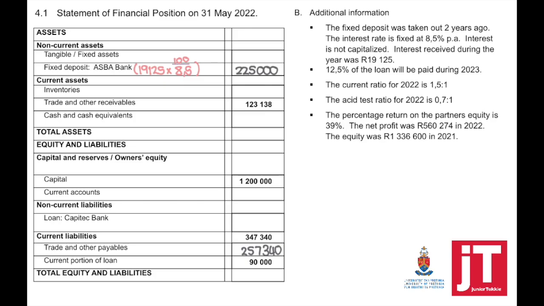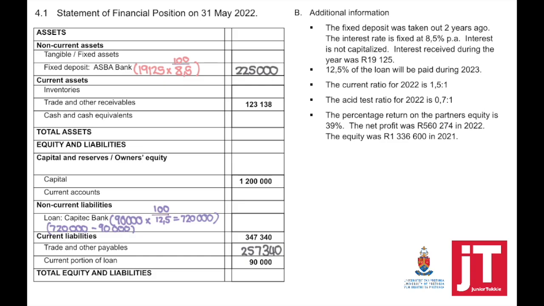So now they provided the current portion of loan 90,000, and they said 12.5% of the loan will be paid during 2023. So I can use that now to find out what is the loan amount. We're going to take 90,000, which is the current portion of loan, times 100 divided by 12,5.